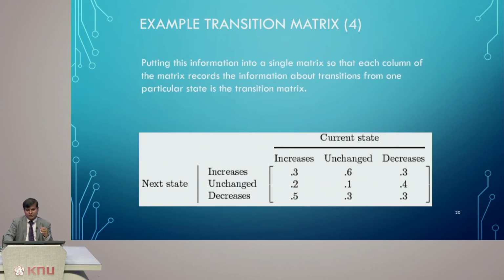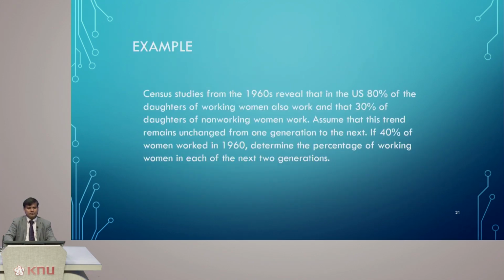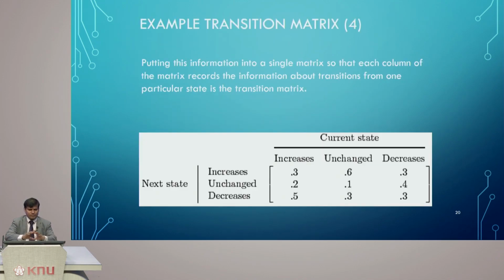Increase, decrease, unchanged are given to us, and current state and next states can be seen. Based on this observation, you can do a lot of other processes to examine what would happen in the coming days. So, that is a simple example of how to represent a transition matrix.